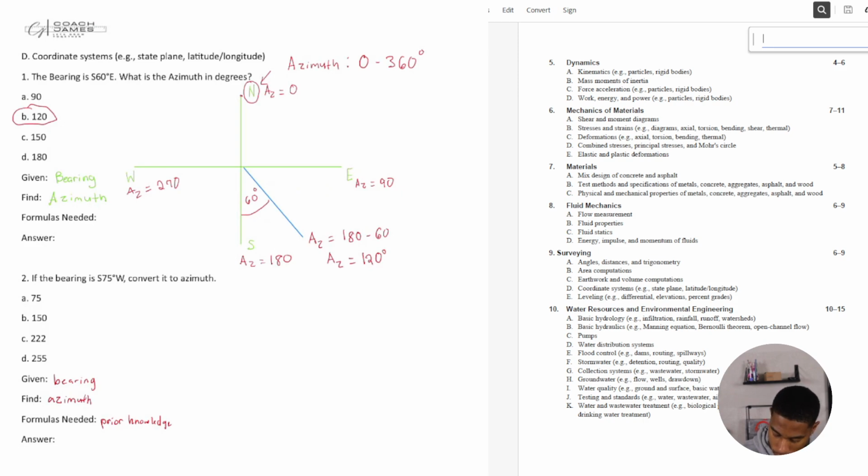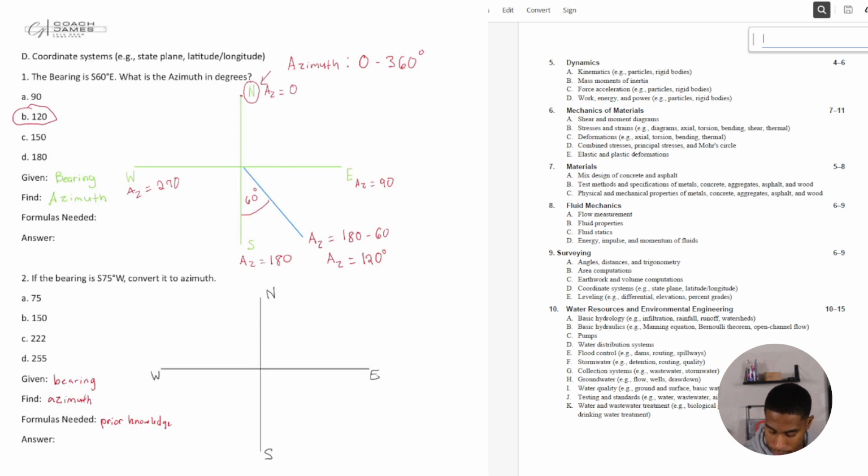So I got this. And we know we are in north, south, west, and east. I also know that my bearing has to be southwest.